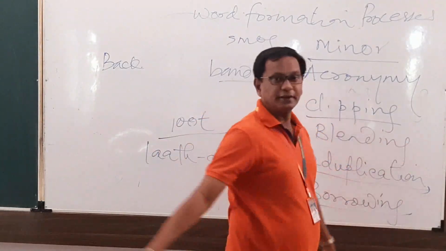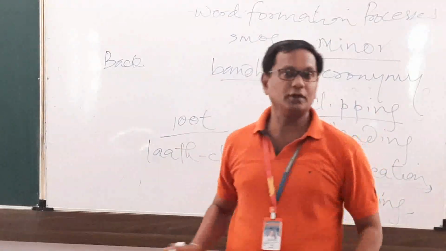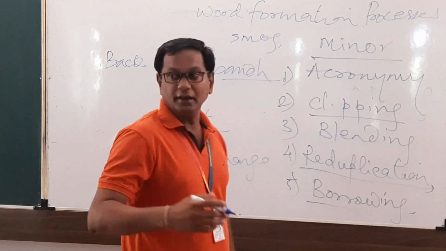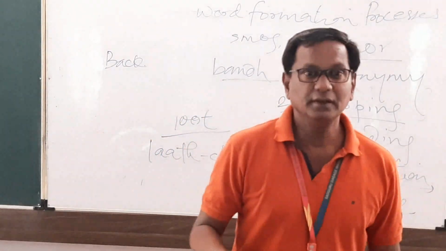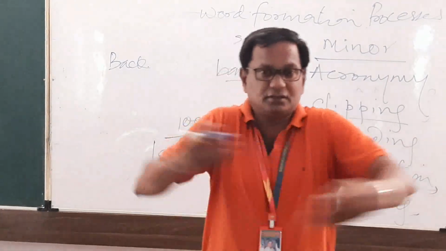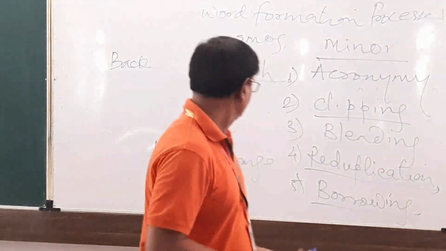Clipping. In clipping, what happens? The longer part of the word is intentionally broken and the word functions as a word. So we have the word laboratory, lab, and so on, n number of words. Advertisement is a longer word. Instead we use the word ad.